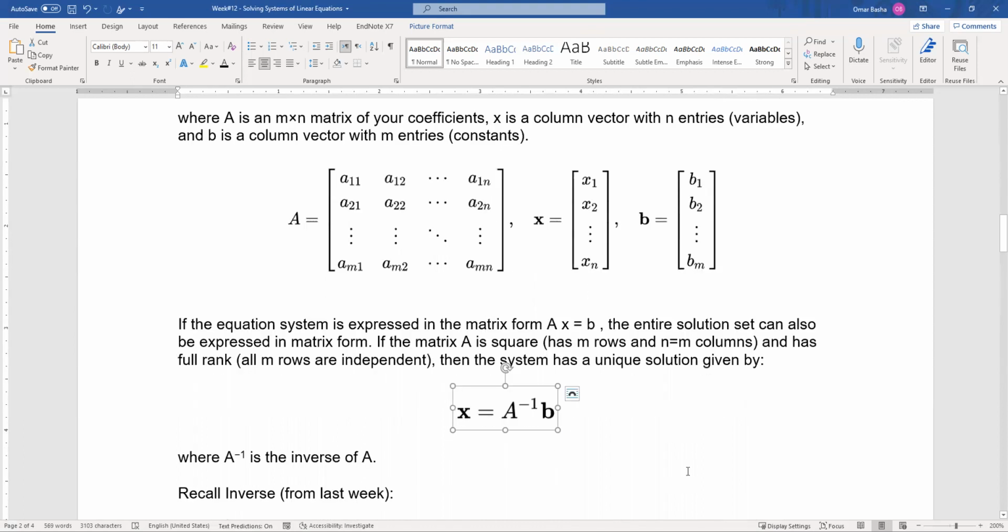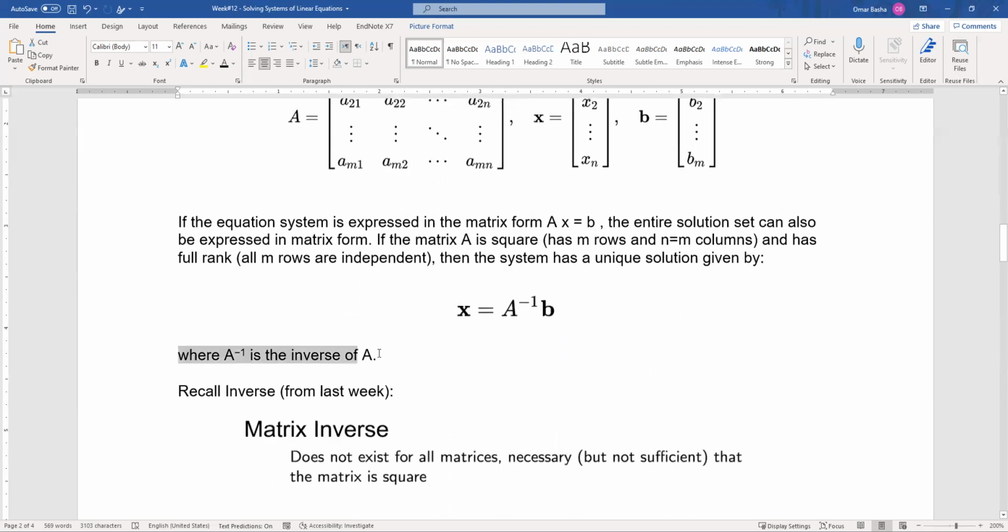So now when you think about how to do it in Python, you have a system of equations, you create your matrix containing the coefficients, you create the matrix containing the constants. You want to find the solution, you just multiply the inverse of this matrix by this vector here.